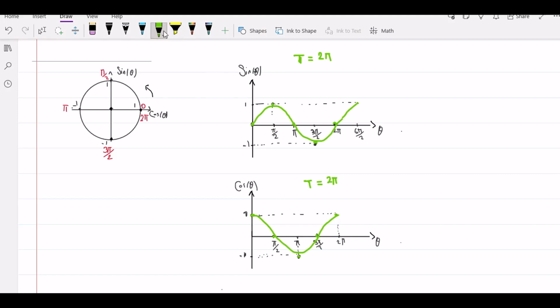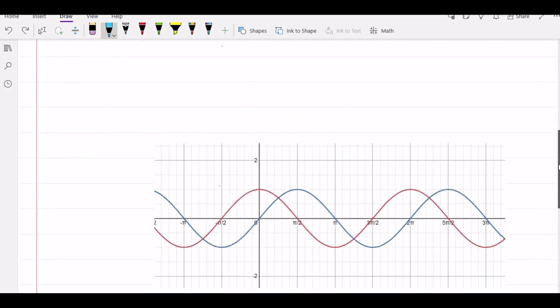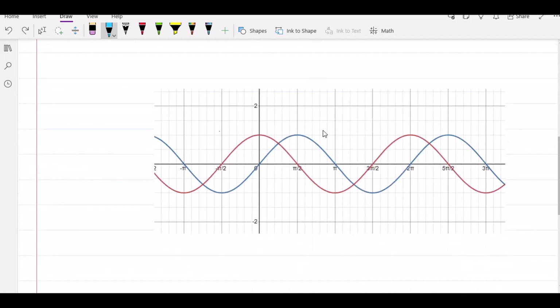Now, if you want to see the whole complete cycle of sine and cosine, you can see it here. As you can see, the blue graph represents the sine of theta, and the red graph represents cosine theta.